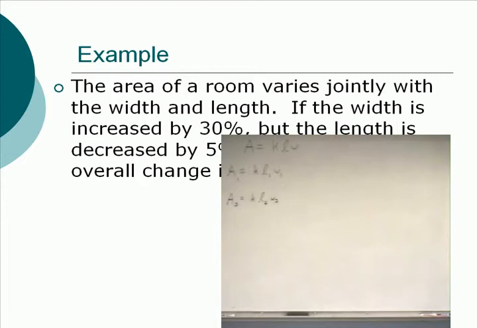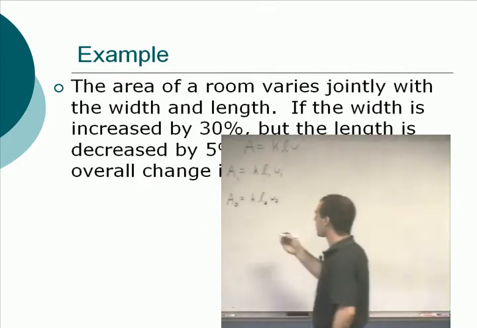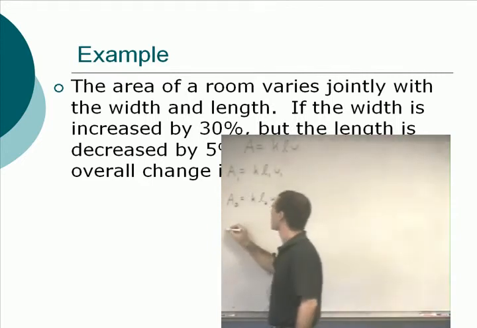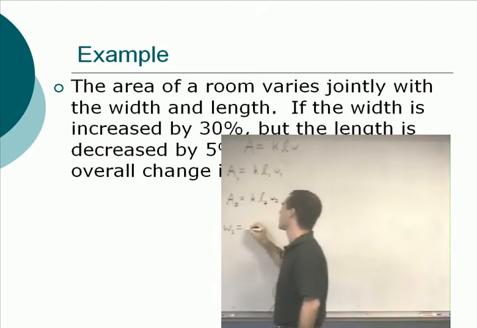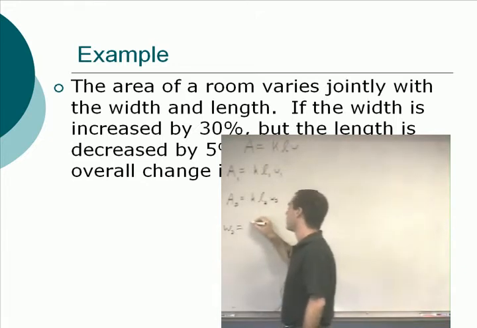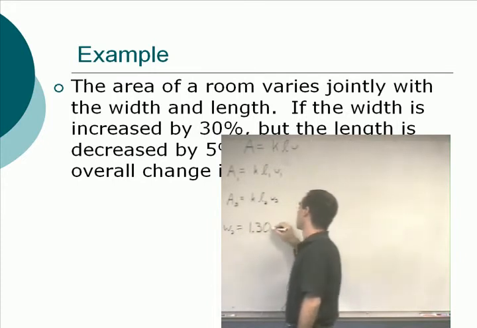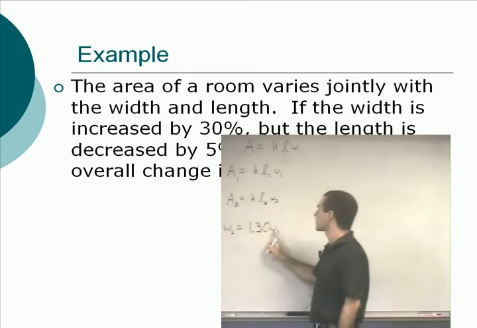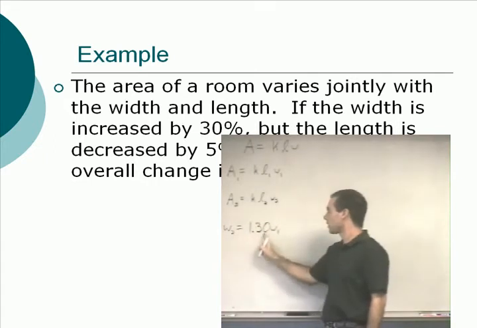Now, we've got some changes here. If the width is increased by 30%, what does that tell you? It's going to be 130% of what it was. The new width is 130% of the original one, the original width plus 30%.